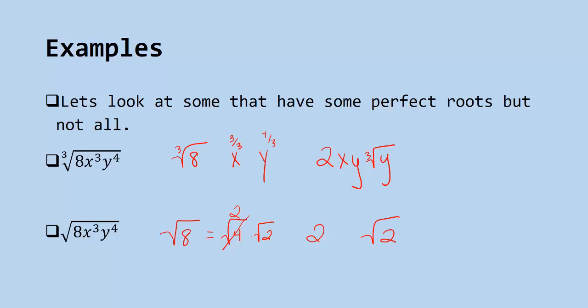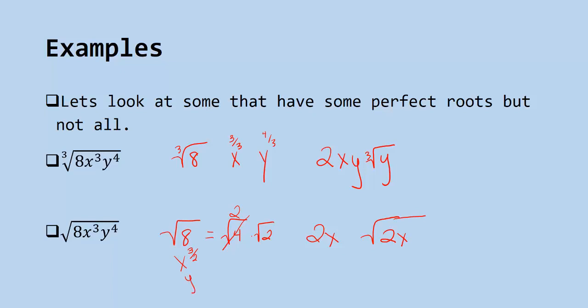Now let's take the x and do the same thing, only this time now our root is squared. So x to the 3/2. 2 goes into 3 one time, so our 1x comes out with a remainder of 1. So the remainder remains under the radical sign.